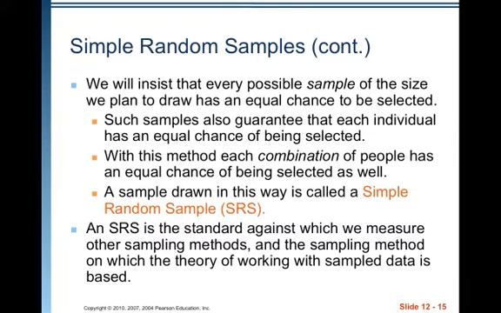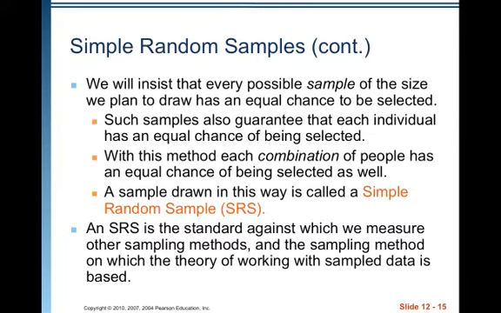A sample drawn in this way is called a simple random sample, and that is the only kind of sample that can be abbreviated SRS. Even though there's another type that has the same initials, if you use SRS, you are referring to a simple random sample. SRS is the standard against which we measure other sampling methods, and the sampling method on which the theory of working with sampled data is based.